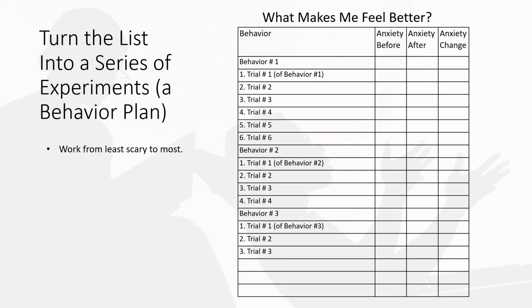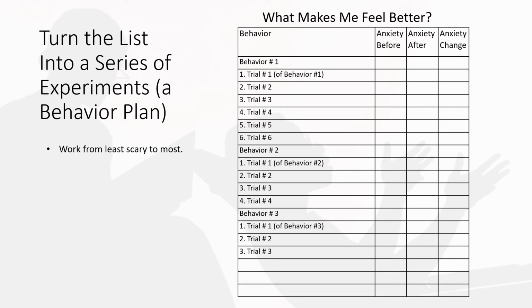If they have social anxiety, we'll go back to that example, and the behavior they've chosen is to talk to more people, that's too vague. A concrete thing might be, I'm going to say hi to a stranger in line at a coffee shop. Great. Saying hi to a stranger in line at a coffee shop, that's the behavior.